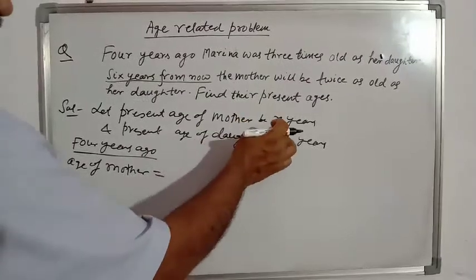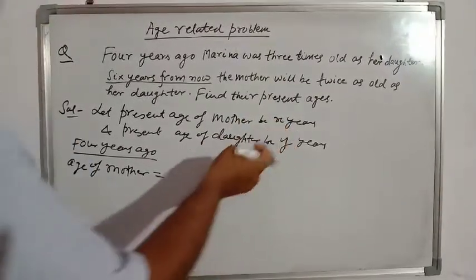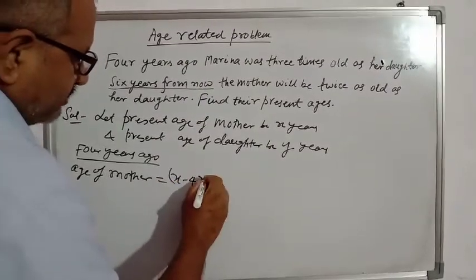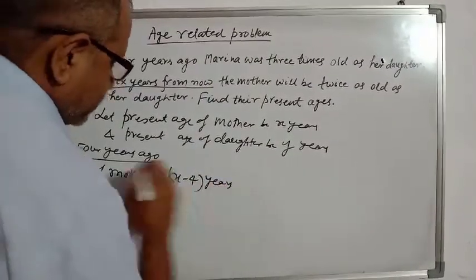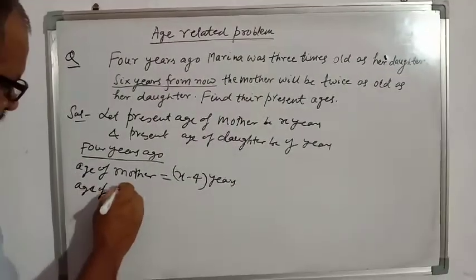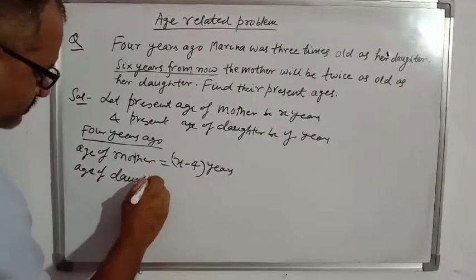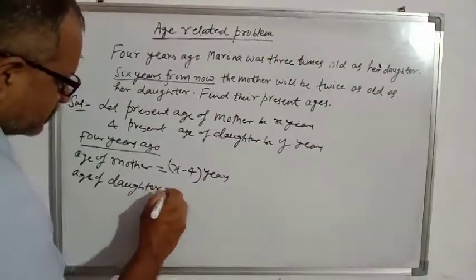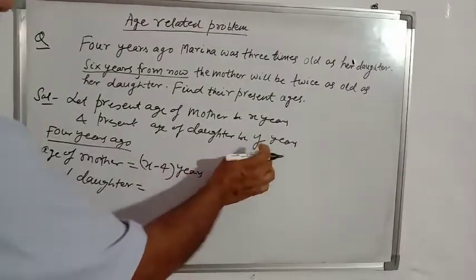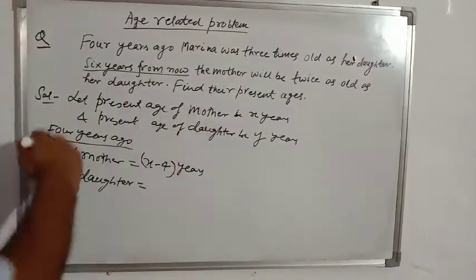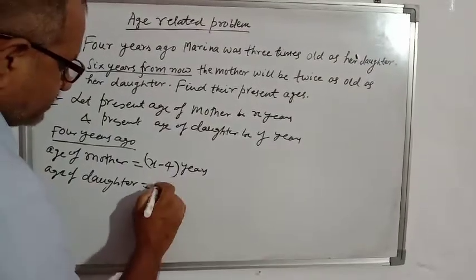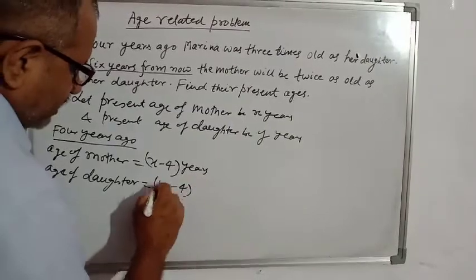Present age is x years, so 4 years ago it was x minus 4 years. And what was the daughter's age 4 years ago? Present age is y, so 4 years ago it was y minus 4 years.